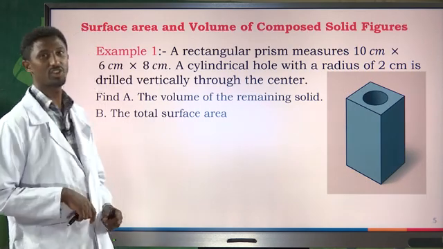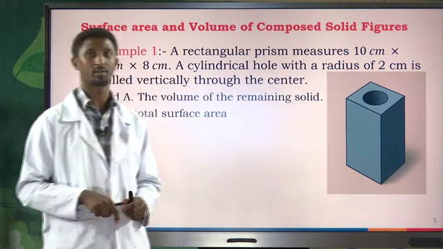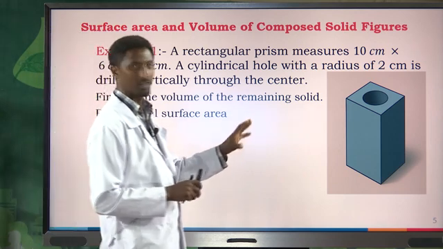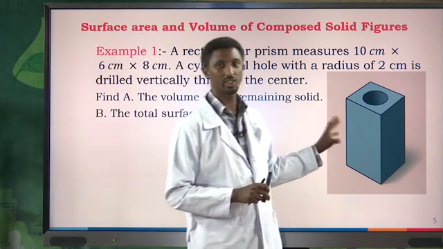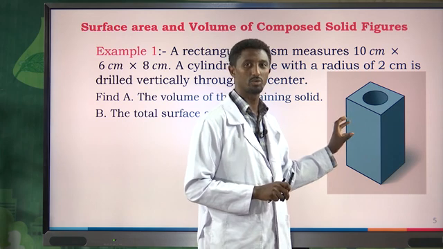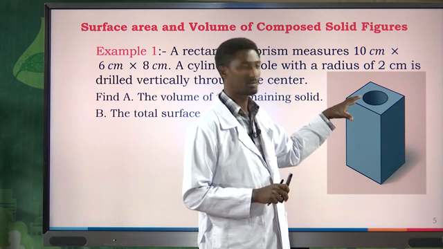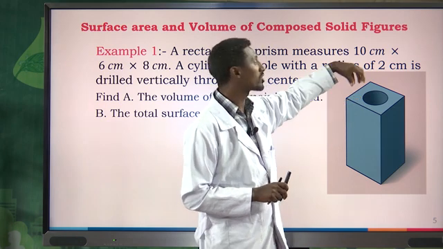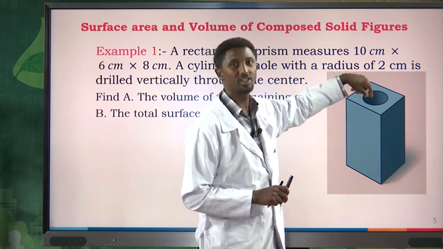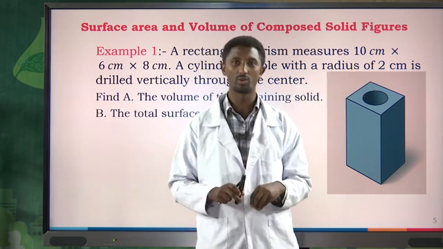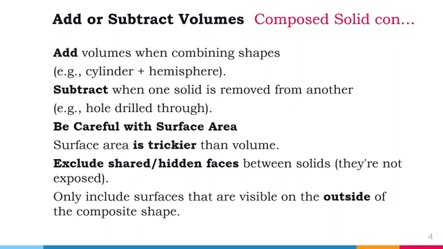Now, let's look at this solid figure. This one is a composite solid figure made of two solids. The one is a rectangular prism, and also a circular cylinder is drilled out through this rectangular prism.